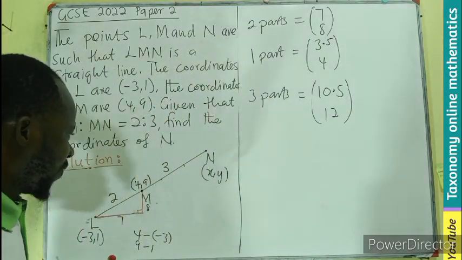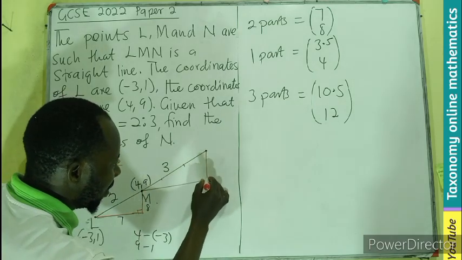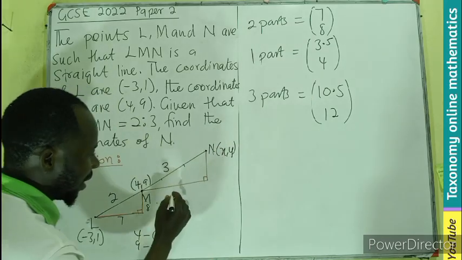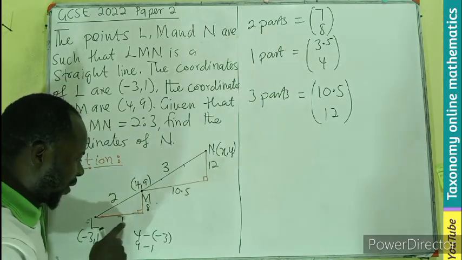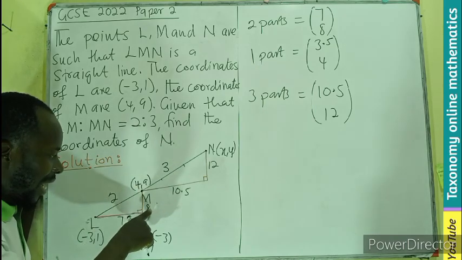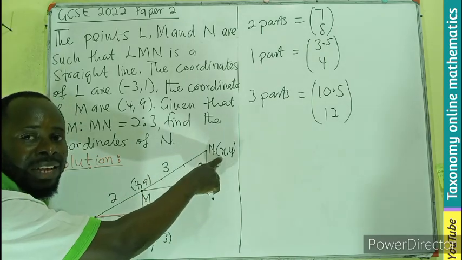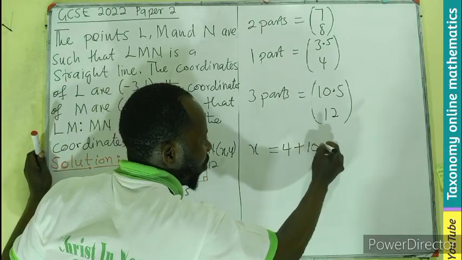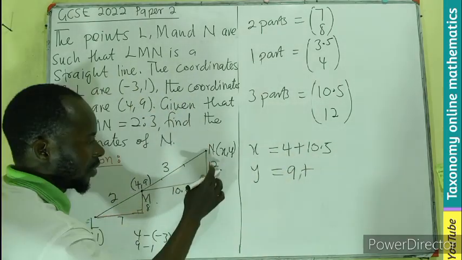So if I draw a line from M to N, with coordinates x, y, this will be 10.5 along the x-axis and 12 along the y-axis. We add this to the first point: x equals 4 plus 10.5, y equals 9 plus 12.